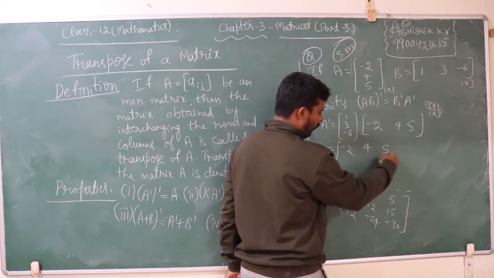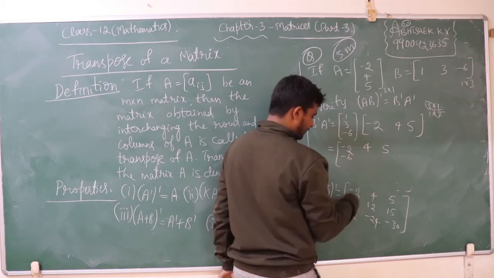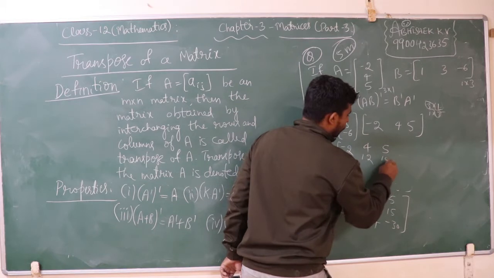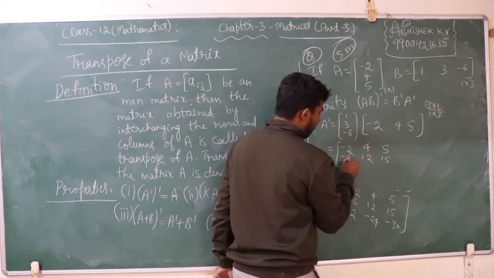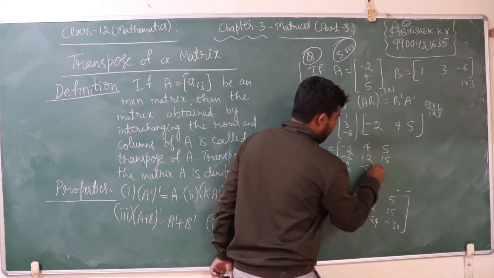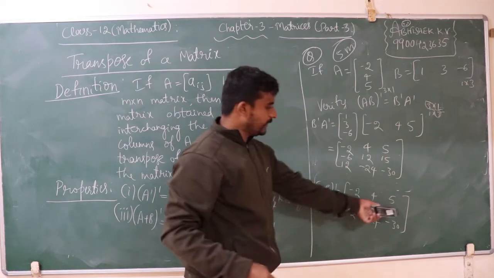See, -2, 4, 5. 3 into -2, -6. 3 into 4, 12. 3 into 5, 15. So -6, -12, -24, -6, -30.